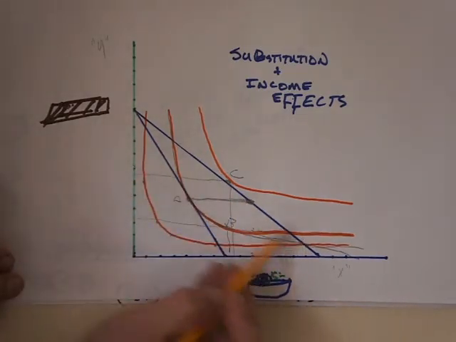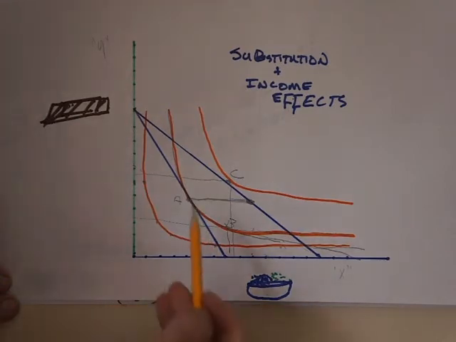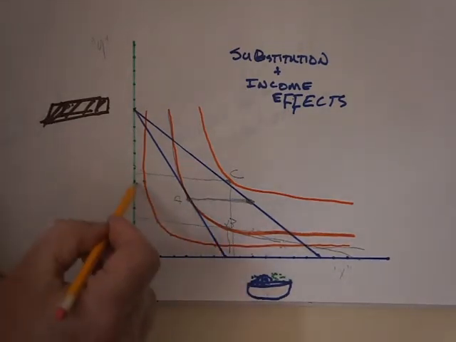We get a new budget line, so a new line tangent to our indifference curve, which gives us two different coordinates. So our income effect is seen here mostly, and our substitution effect, which would have been seen here, is seen over here.